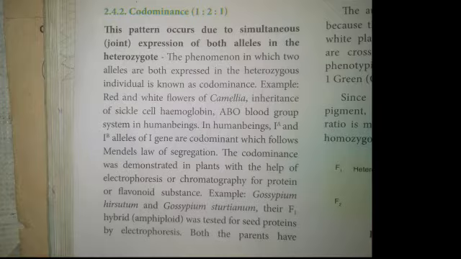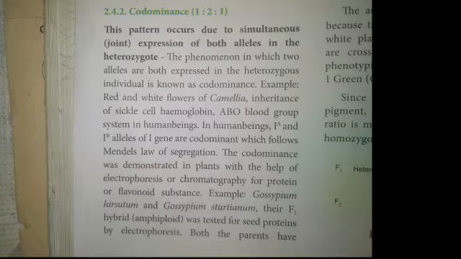Their F1 hybrid was tested for seed protein by electrophoresis. Both parents have different banding patterns of their seed protein. In the hybrid, an additive banding pattern was noticed. The hybrid shows the presence of both types of protein similar to their parents.